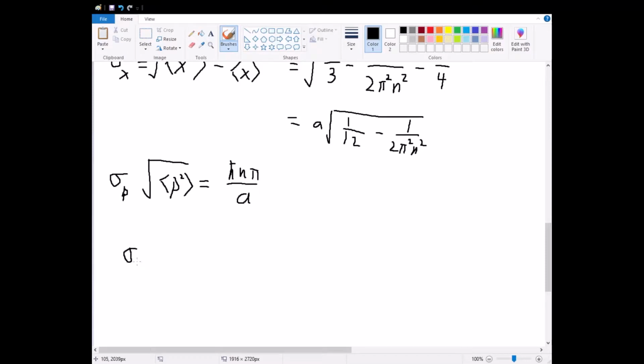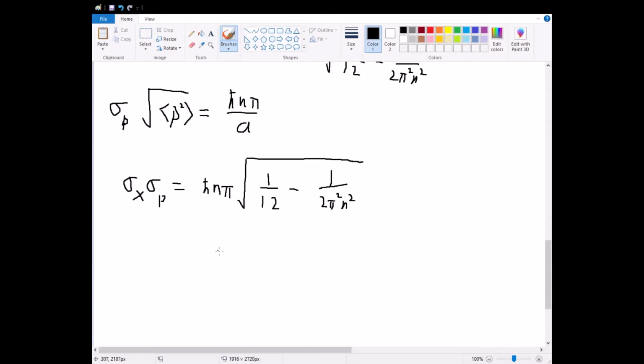The product of standard deviation of x times standard deviation in p is going to be equal to h bar times n pi, where we're canceling out the a here with the a at the top here, multiplied by the square root of 1 over 12, subtracted by 1 over 2 pi squared times n squared.